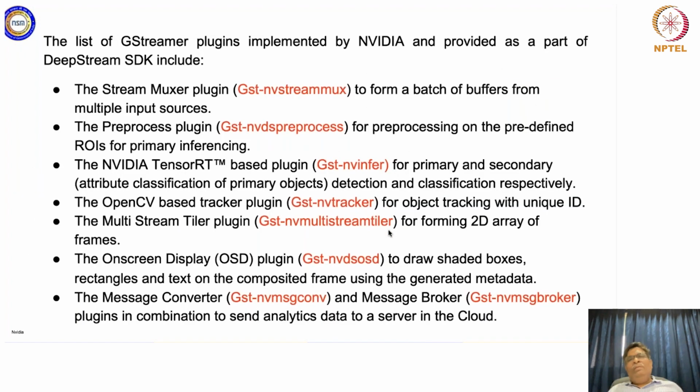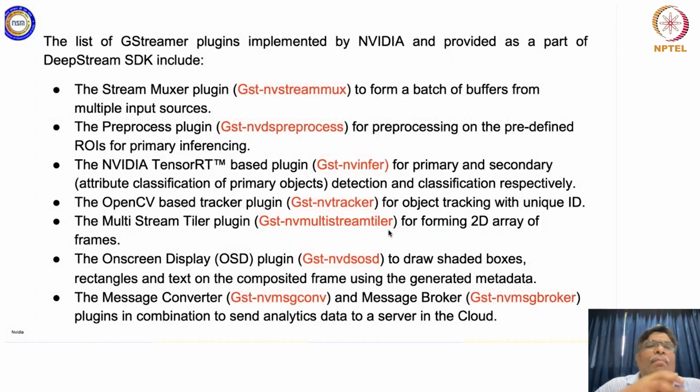So to go into the details of what each of these plugins provide to us, these plugins actually are implemented by NVIDIA, and they are a part of Deepstream SDK.